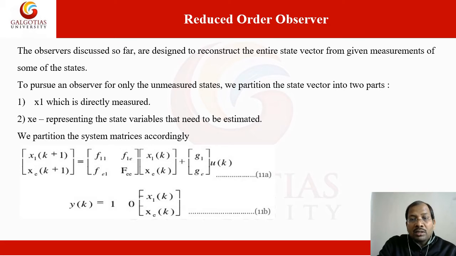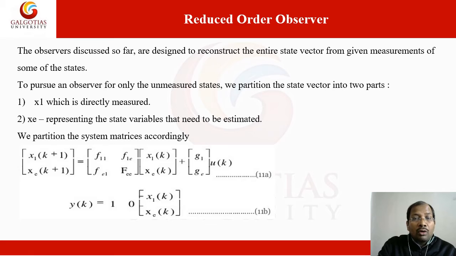Now come to the second observer, which is called the reduced order observer. Why do we go for the reduced order, which was already discussed? We have been assuming that all the states of the plant are available for measurement and for the feedback. Suppose a system has 10 states, only 8 states are measurable and only 2 states are unmeasurable.